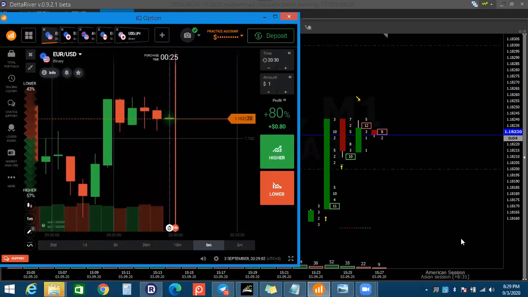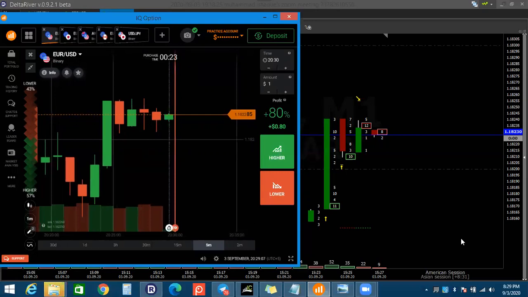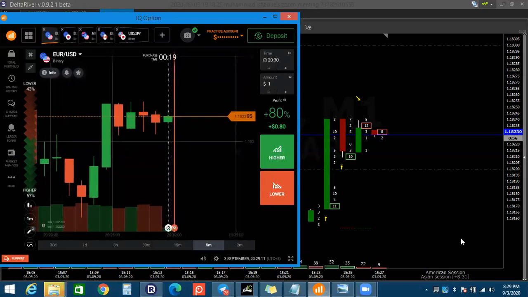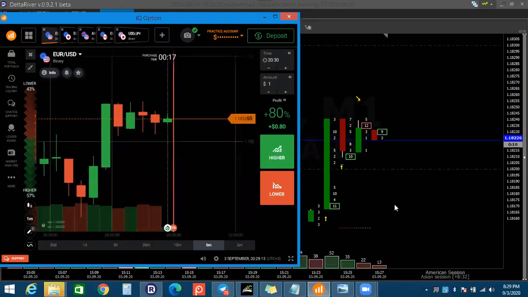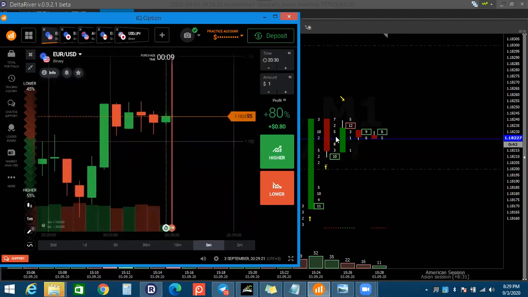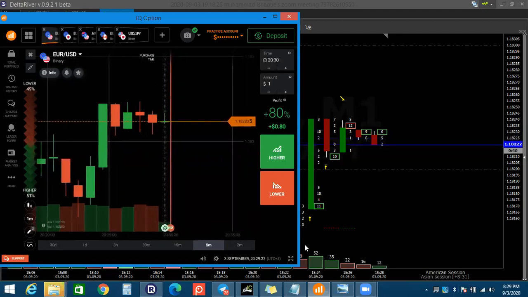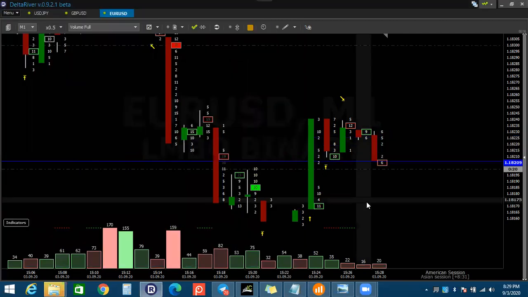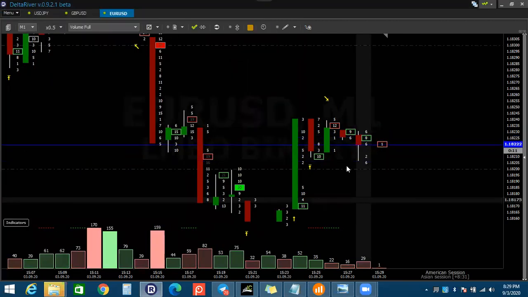So now that result is very fine compared to this laptop's result, where all the candles are running very smoothly. It's showing good volume and showing each and every candle very well. But on this computer, because this laptop is not powerful, it's not showing a good result.